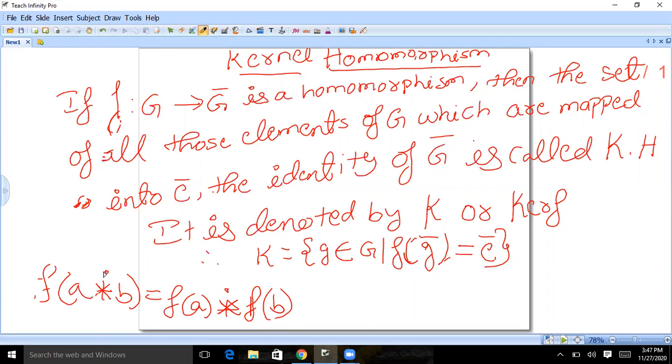So what does this homomorphism say? f(a star b), that is a dot b, is equal to f(a) into f(b). In the kernel of homomorphism, if f: G → G bar is a homomorphism, then the set of all those elements of G.